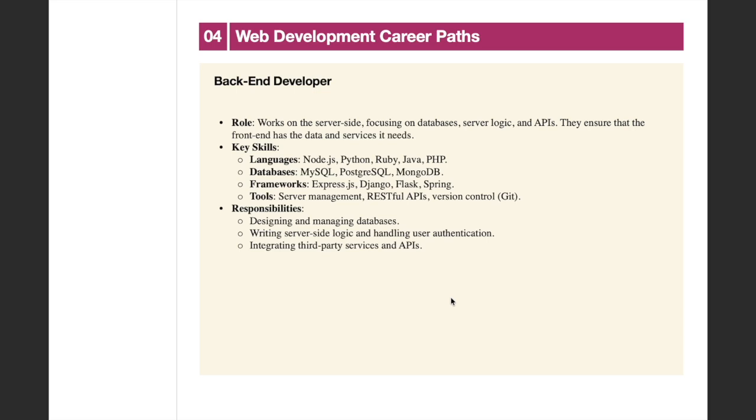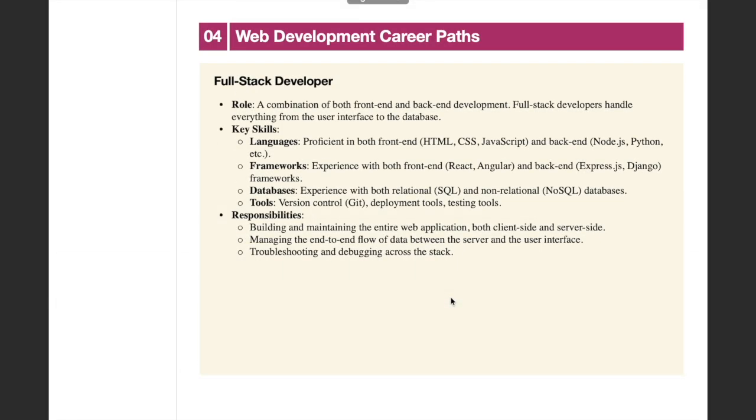You manage the end-to-end flow of data and build the entire application yourself. Yes, all of this will require a lot of learning, but it gives you incredible project oversight and makes you incredibly valuable to tech teams out there in the world. So, as a full stack developer, you are going to be a one-person team.